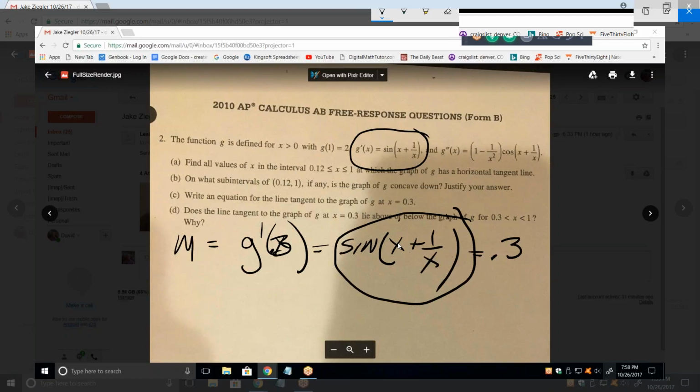That's what the first derivative means. It means whatever value of x you want to give me, I can tell you the slope. And this question says at x equals 0.3, so it's whatever this equals. That's the slope.